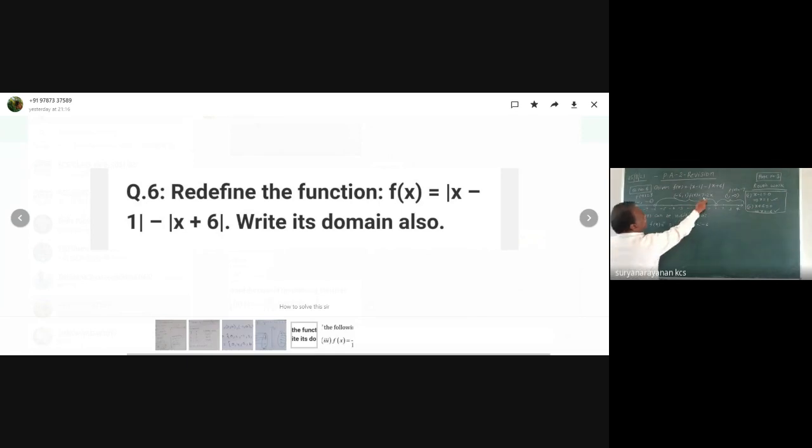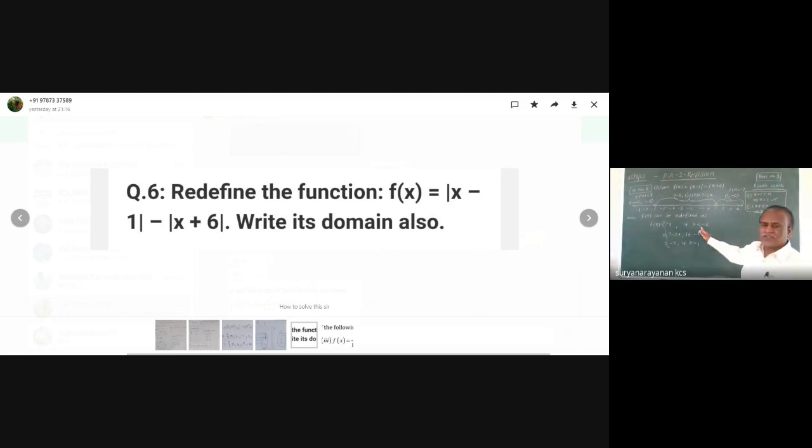Next, f of x is equal to 7 minus 2x if x is between minus 6 and 1, that is minus 6 less than x less than 1. F of x is equal to minus 7 if x is greater than 1. So in 3 intervals, we can define this function like this.